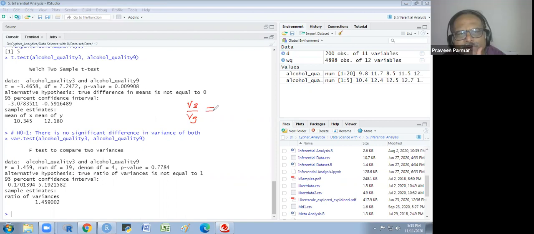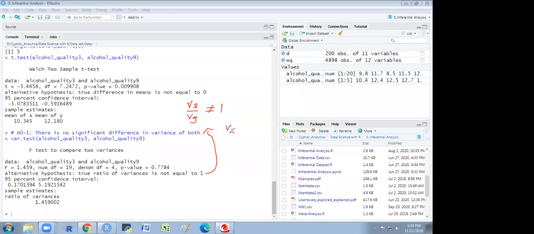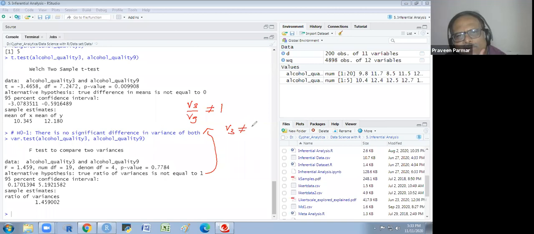This ratio is not equal to 1. True ratio of variance is not equal to 1. So V3 is not equal to V9. This is our alternate hypothesis, HA.